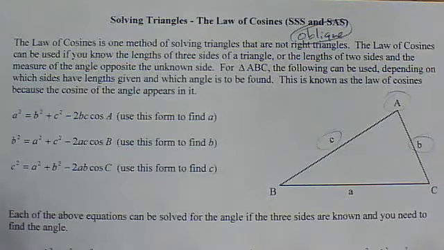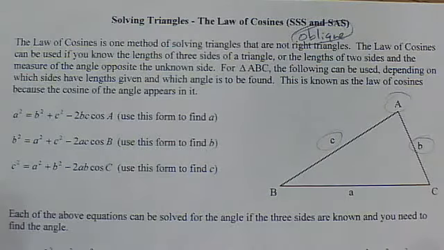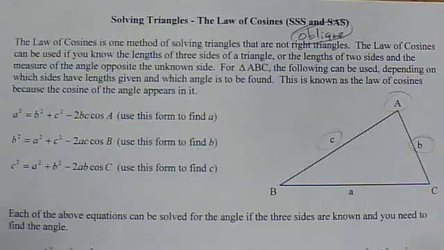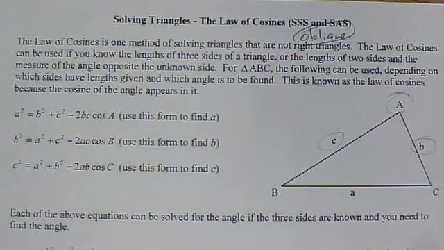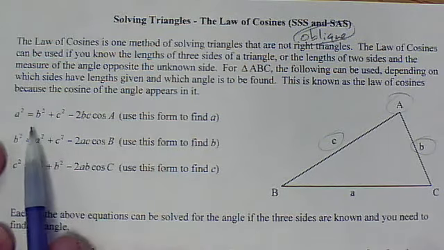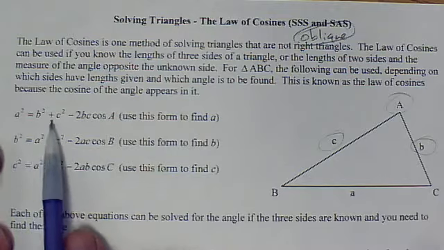Okay. When I say solve the triangle, what I mean is we're finding all three sides and all three angles. Actually today we won't be doing that, but in the very near future, a lot of this unit will be solving the triangle, which is finding all sides and all angles. So here's the formula that we're going to use. If I'm solving for A, then A squared equals all of this.